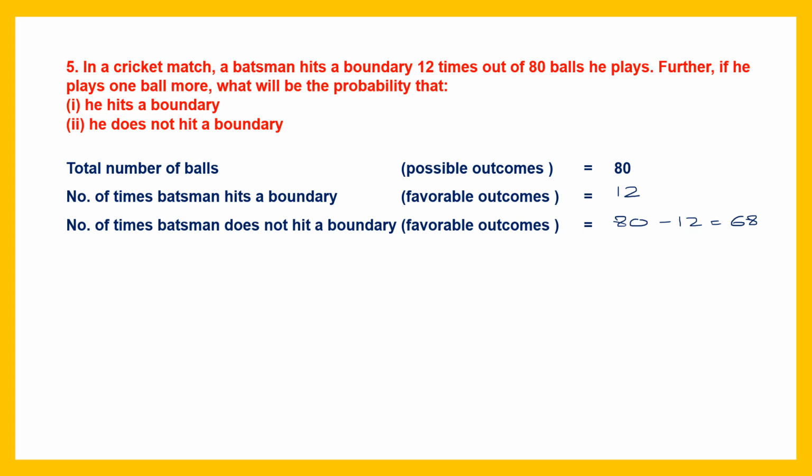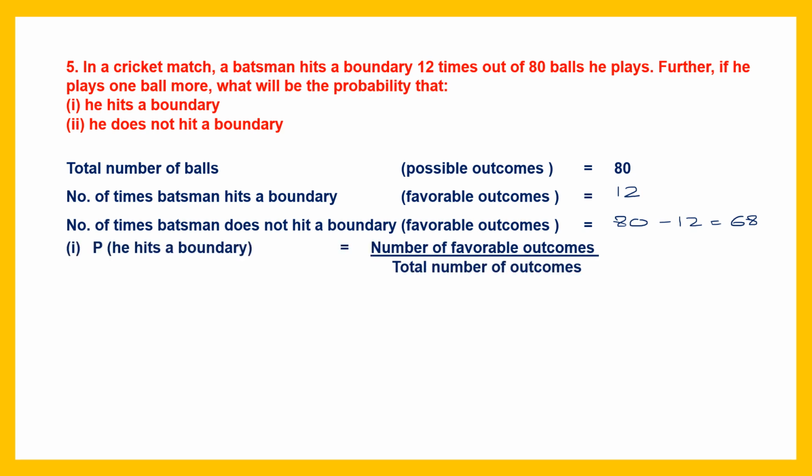Now, we need to know that if he plays one more ball, what is the probability that he will hit a boundary in the next ball? So, probability that he hits a boundary will be number of favorable outcomes. That is, favorable outcomes here is hitting a boundary. We have to choose it from the second step. That is 12. We take 12 and the total number of outcomes is already given to us, 80.